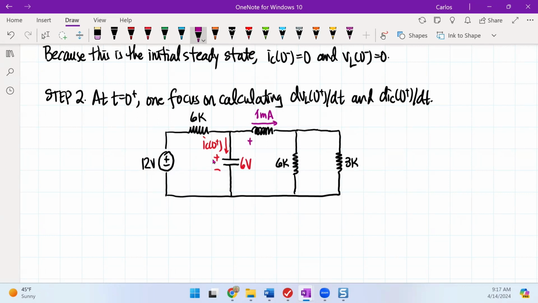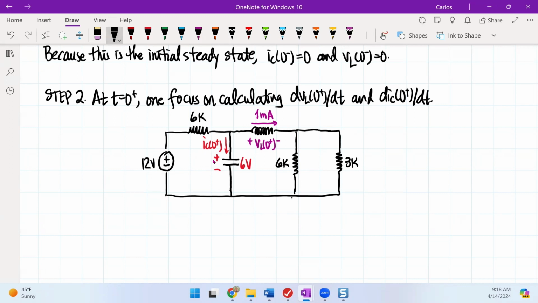However, the voltage of the inductor is assumed to change. So our goal here is to find the voltage of the inductor and the current through the capacitor.